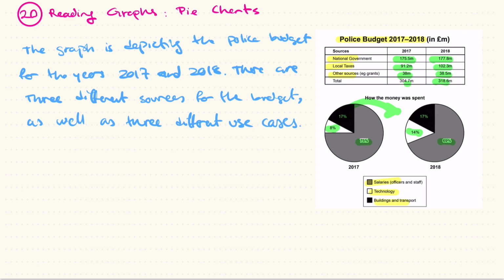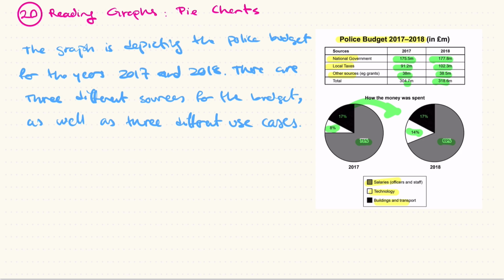So essentially, in this next paragraph, we need to describe these without going into too much detail. For example, you don't need to bring up the exact numbers, that for national government the budget was 175.5 million and now is 177.8 million. These are specifics that you don't need to describe. You just need to give a high-level description of the graph.